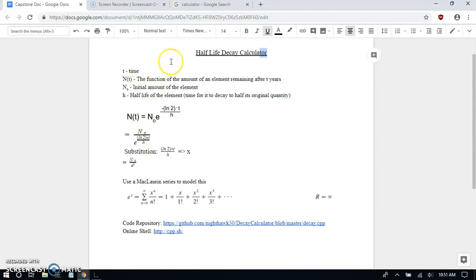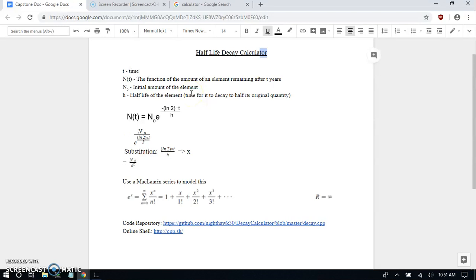So the concept of half-life is pretty simple. Radioactive elements decay over time, and an element's half-life is the amount of time it takes for it to decay to half its original quantity.